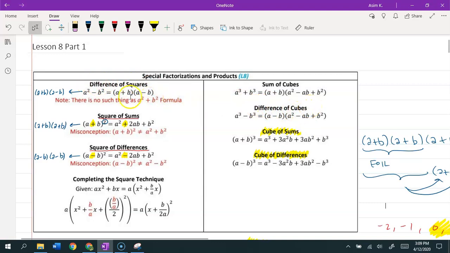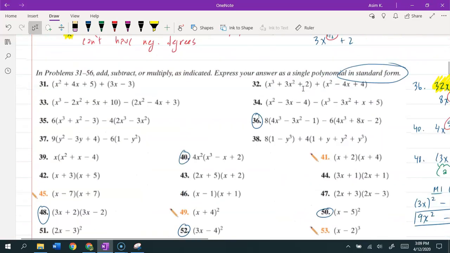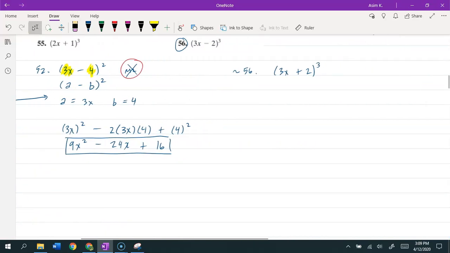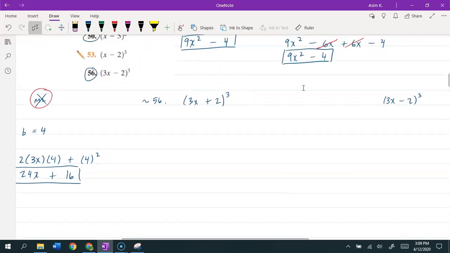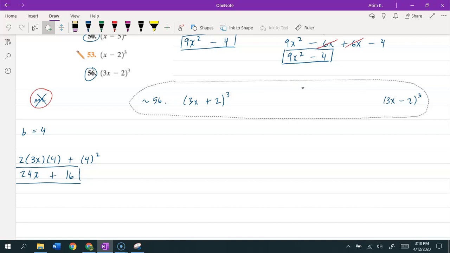And there is no such thing as a sum of squares, but there is something such as a sum of cubes. So these are all special products and you have to learn them, all right? As painful as it may sound, you do have to learn how those things actually work for you. So let's go ahead and take a moment and try these questions over here.